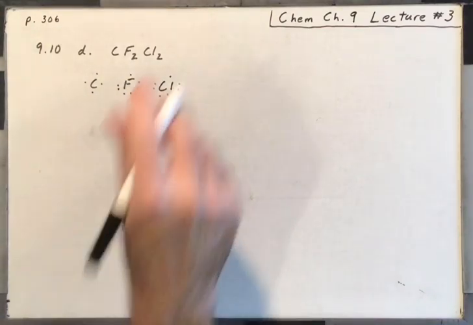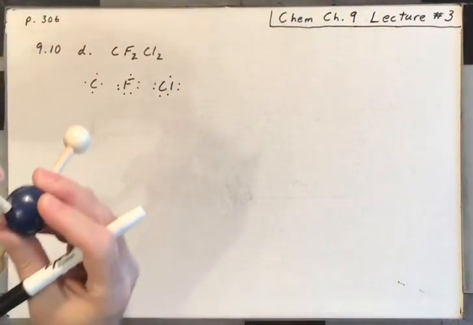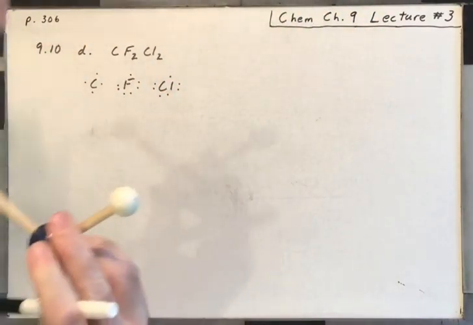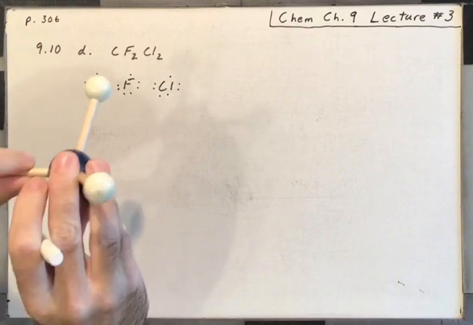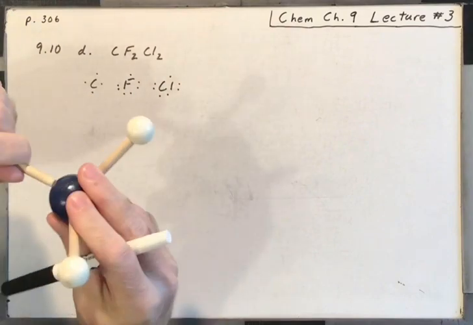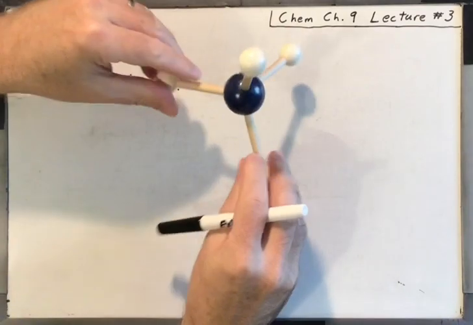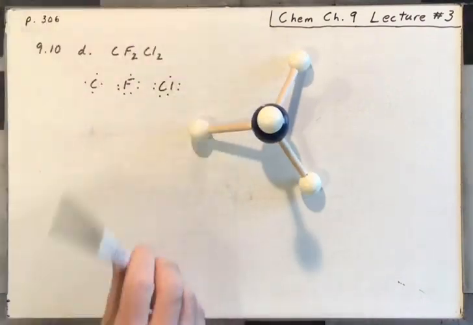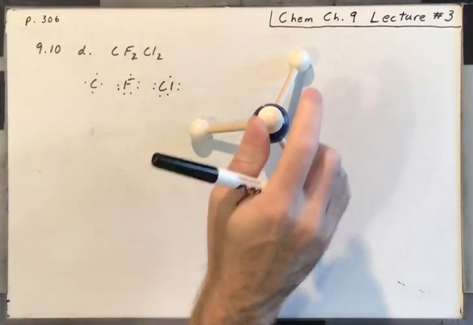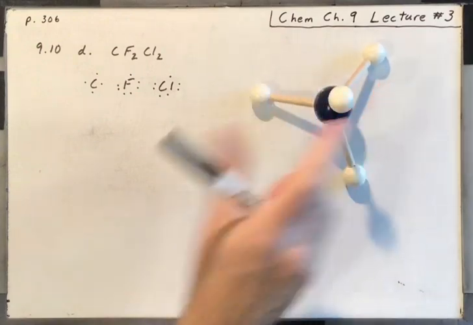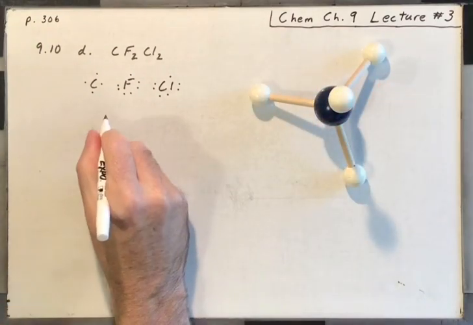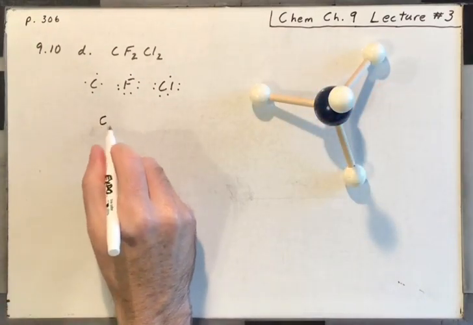So if you have a central atom surrounded by 4 single bonds, because we have 2 fluorines, 2 chlorines, you have a tetrahedron shape. All right, so we'd have a carbon in the center.